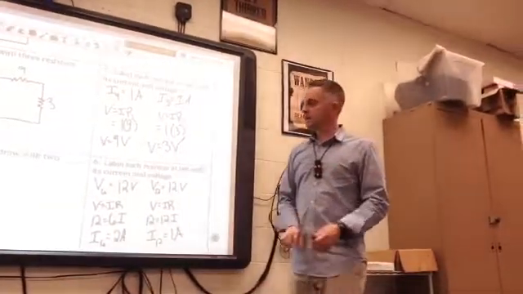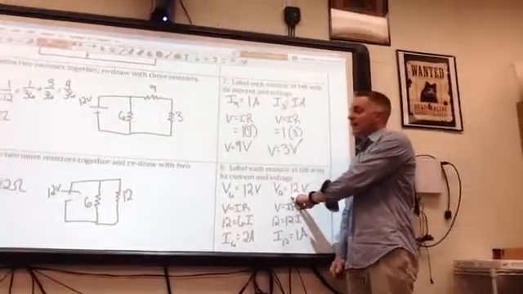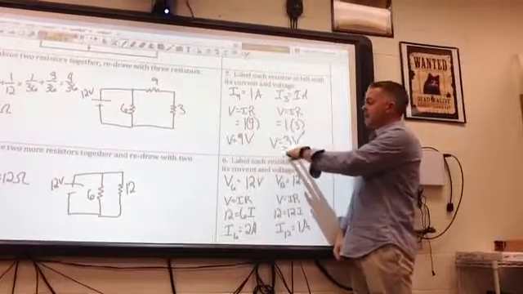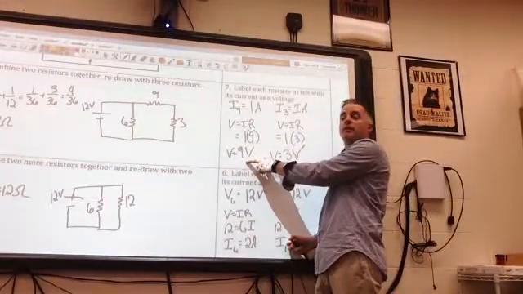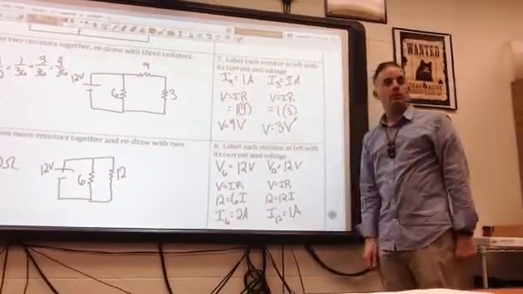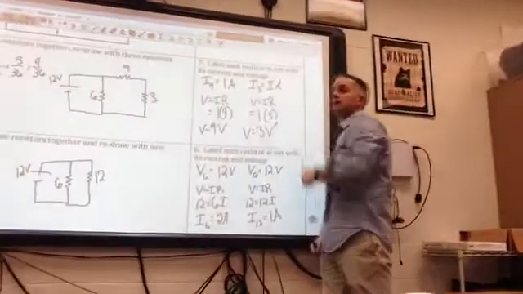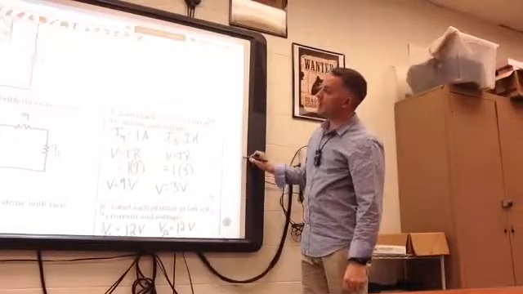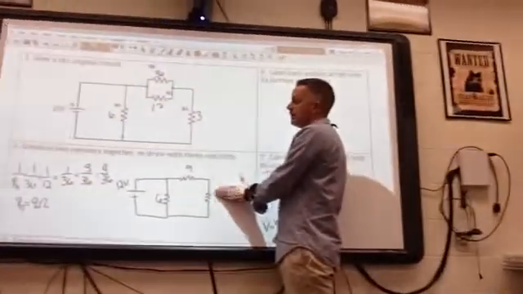Let's think about this. In the previous problem, we said that this part is going to get 12 volts, right? And then in a series circuit, the total voltage of 12 is the sum of the individuals. So this is going to be 12. Right? That's why I said, can you predict? If you know this is 9, this one's got to be 3 so that the sum is 12. So let's go back up again now. We're done with our 3, correct?